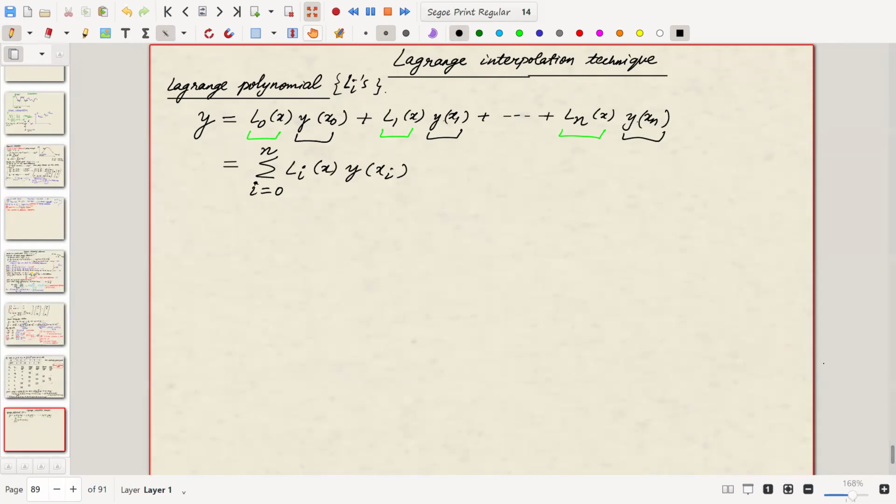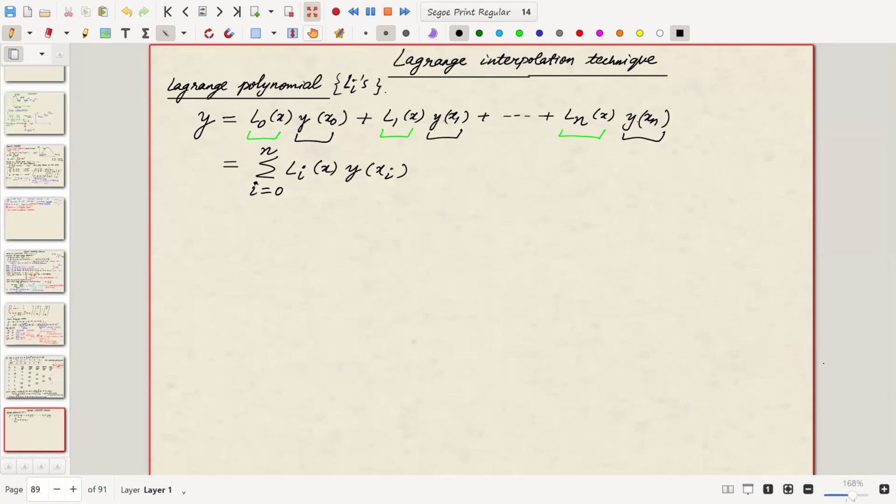I will not go into much detail. These L0, L1, L2, up to Ln are known as the basis functions, because you are writing the polynomial as a linear combination of them. But don't worry about it if you have not heard about basis. Just know that we write it in this way. You just need to know the method.